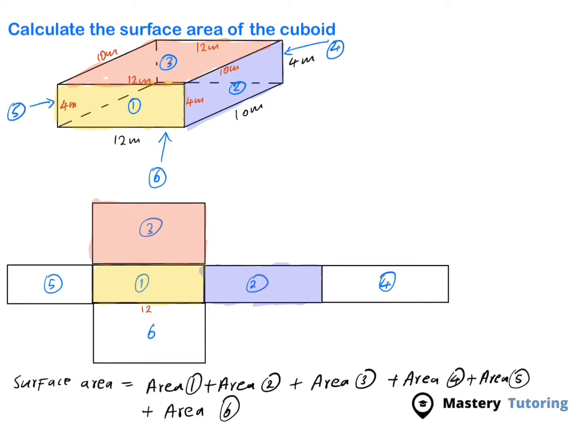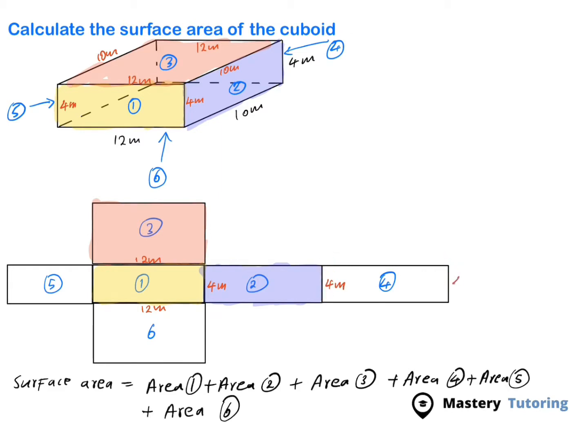Face number 1 is 12 meters, so this is going to be 12 meters as well because they're parallel. And then since we said this is 4 meters, this is going to be 4 meters. This is another 4 meters. At the end of 2, this is 4 meters. So all these lines, this one is parallel to that one and they are equal.